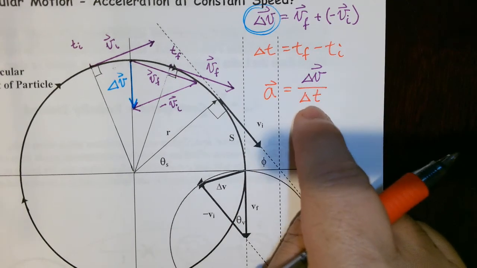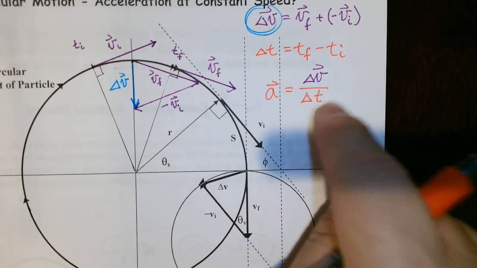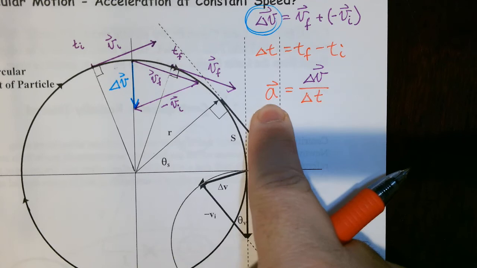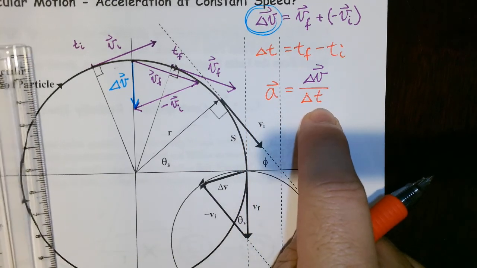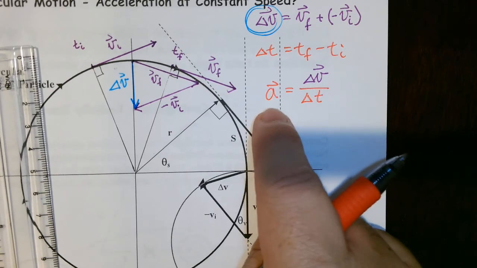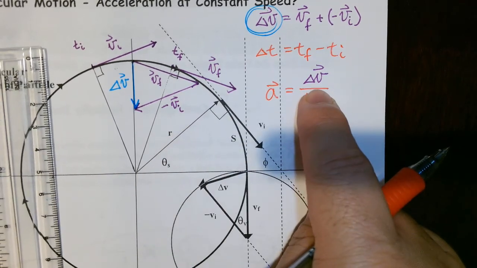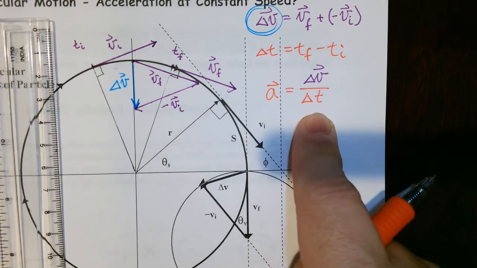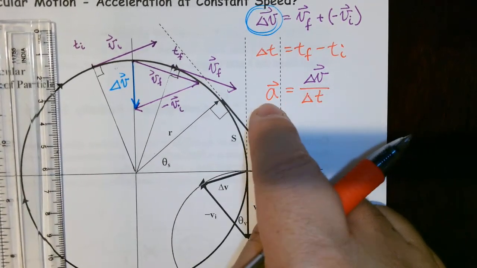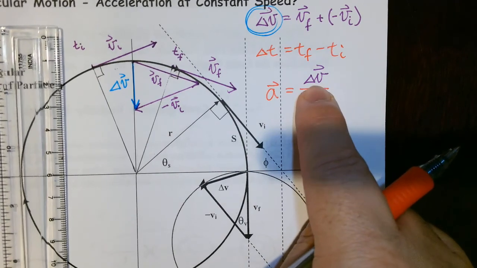And depending on what your delta T is, your delta T will determine the magnitude of your acceleration. If your delta T is less than 1 second, then your acceleration will be bigger than your delta V. And if your delta T is more than 1 second, then your acceleration will have smaller magnitude than your delta V.